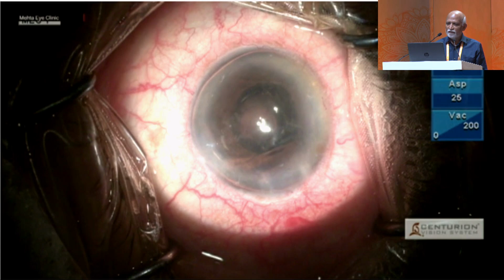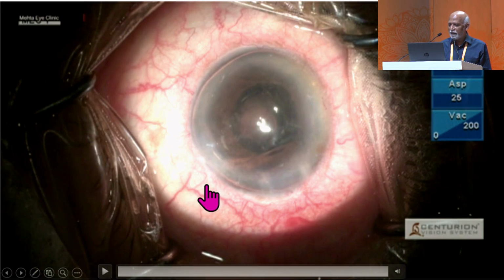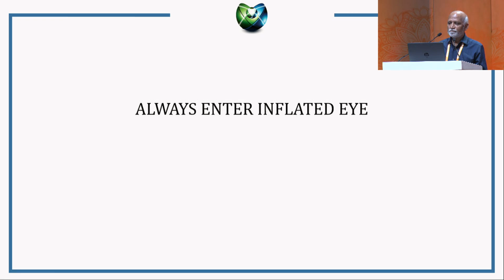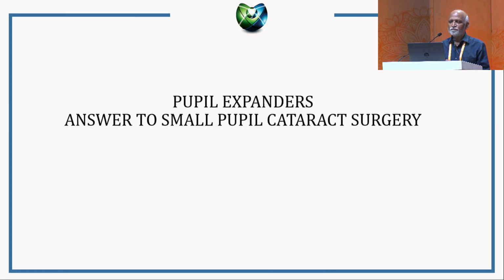Fortunately for us, this patient settled down after about 4 weeks with about 2 or 3 air injections. So my point is that if you take a shortcut at some point in a routine case, you will get something which is very drastic and sight-threatening. The lesson that I learned was: always enter an inflated eye, never enter a deflated eye.